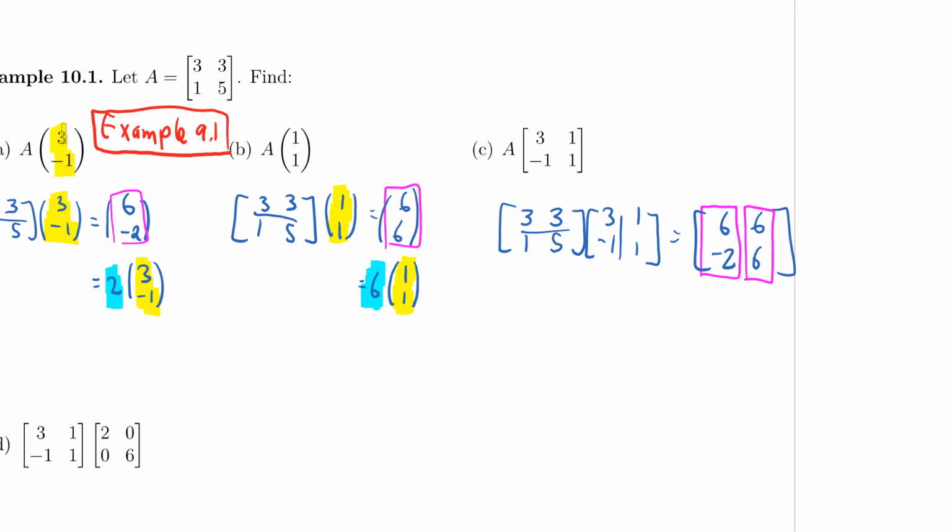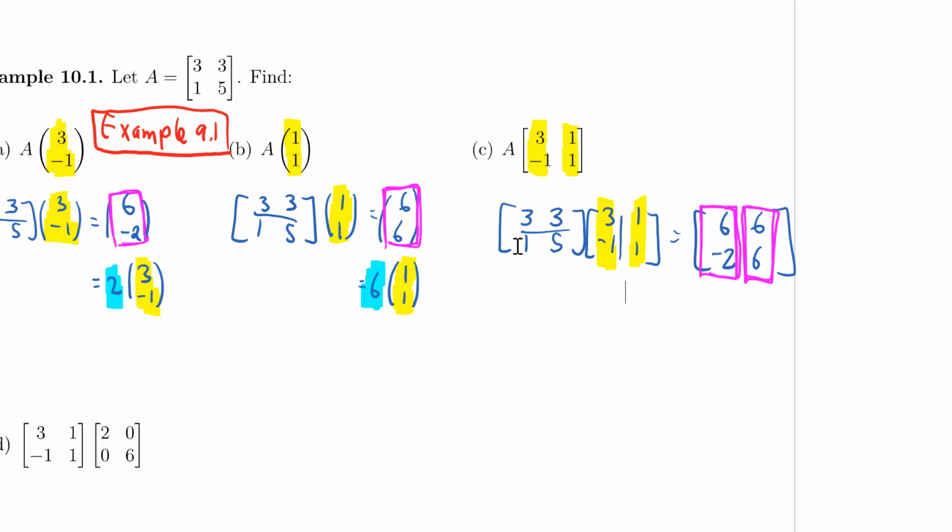Okay, this is my eigenvector, this is my eigenvector, being put next to each other. Okay, now I guess this makes a little more sense. This is just this, and this is just this.